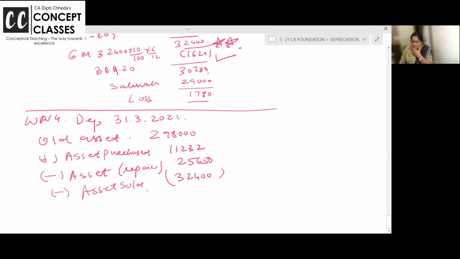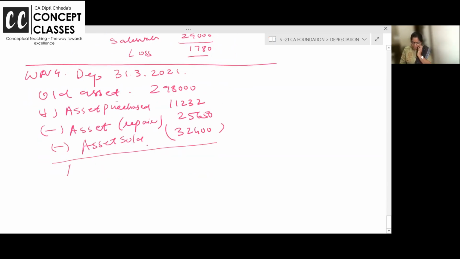This value, 32,400, as on 1/4/20. 298 includes 32,400 which is sold, 11,232 which is purchased and not recorded, and some repairs wrongly capitalized.